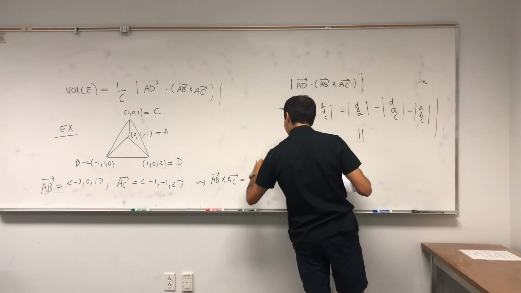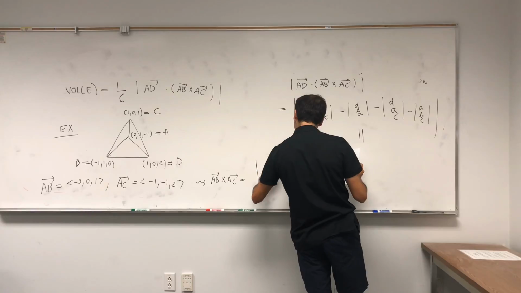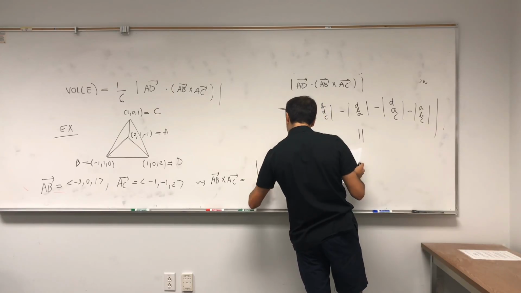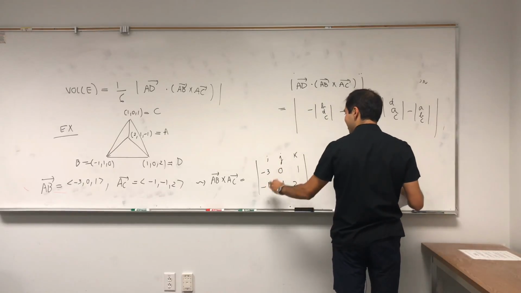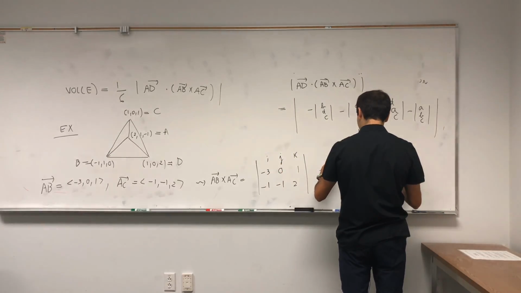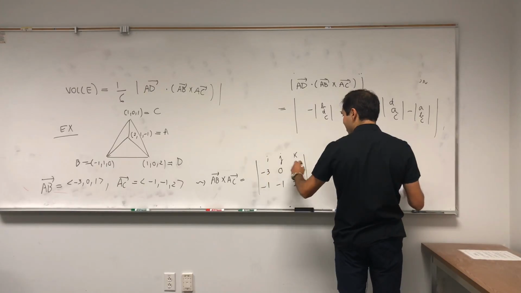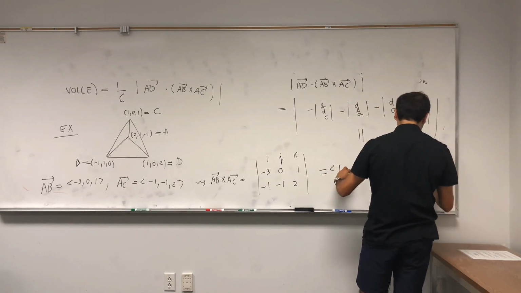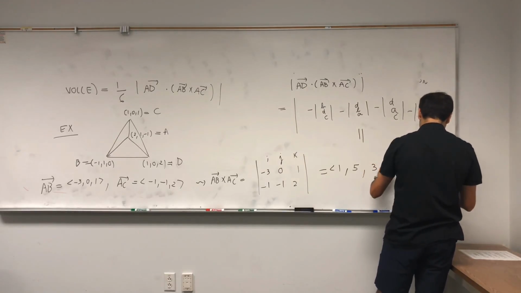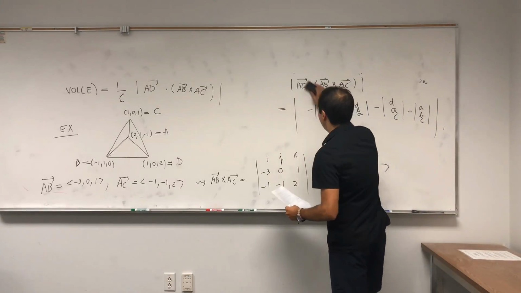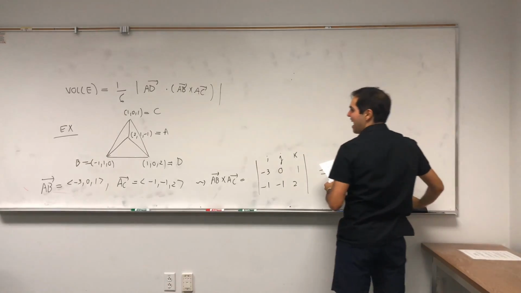That's the determinant of i, j, k, minus 3, 0, 1, minus 1, minus 1, 2. If you calculate that, you get minus 6 plus 1, which is minus 5, but with a minus it becomes plus 5, and then 3. So 1, 5, 3.